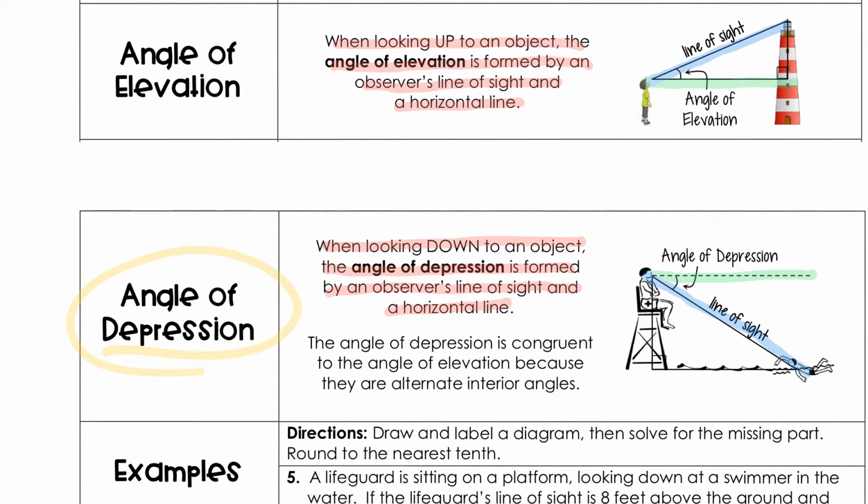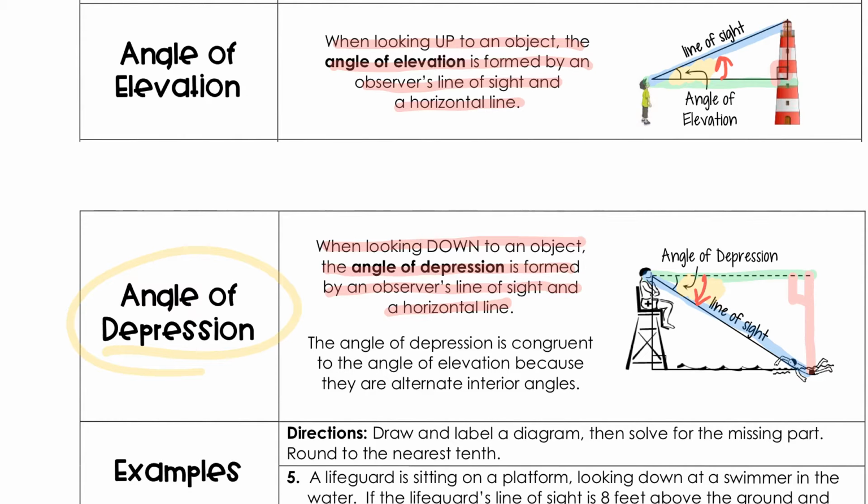In both instances, we create a right triangle, and so therefore our angle is formed. Angle of elevation is looking up. Angle of depression is looking down. So we see the resemblance of that.